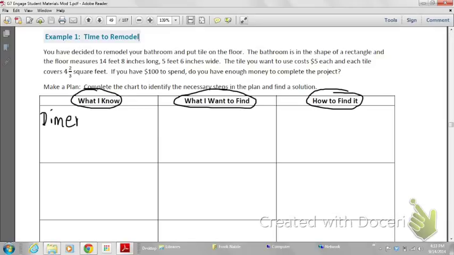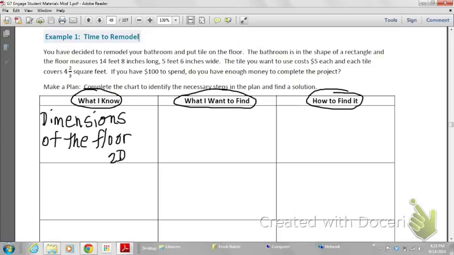Okay, so when we're talking about putting tile down or carpet, we are talking a two-dimensional area of the floor. Dimensions of the floor, 2 dimensions, that's 2D.